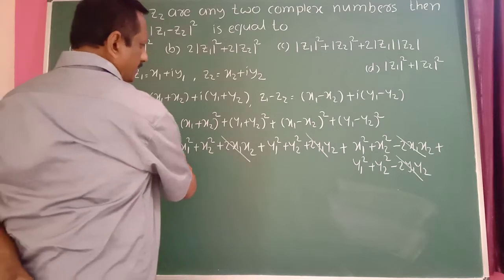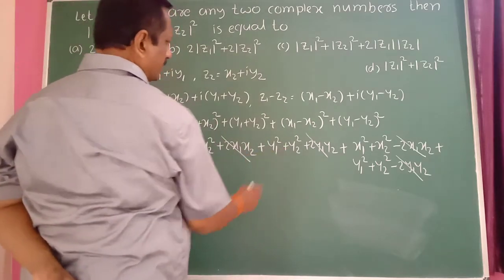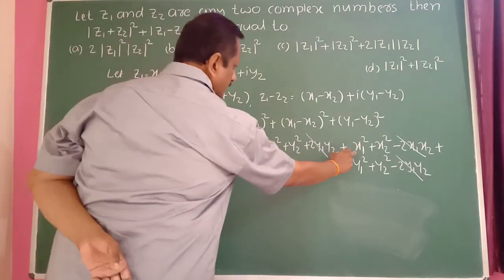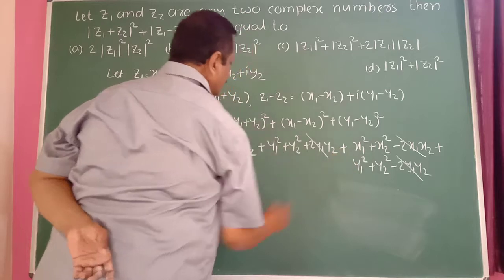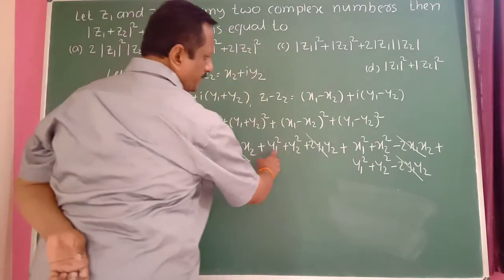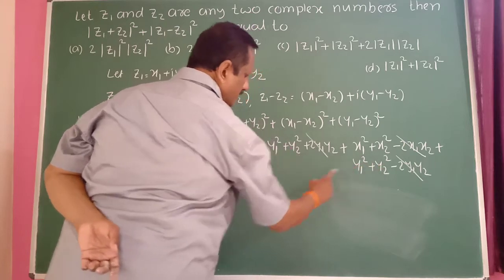x1 square plus y1 square, x2 square plus y2 square. Here x1 square plus x1 square is 2x1 square, x2 square plus x2 square is 2x2 square, y1 square plus y1 square is 2y1 square, y2 square plus y2 square is 2y2 square.